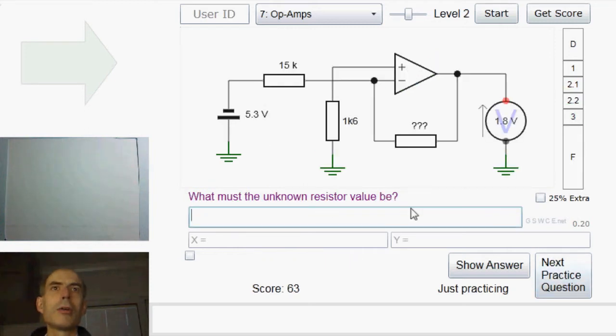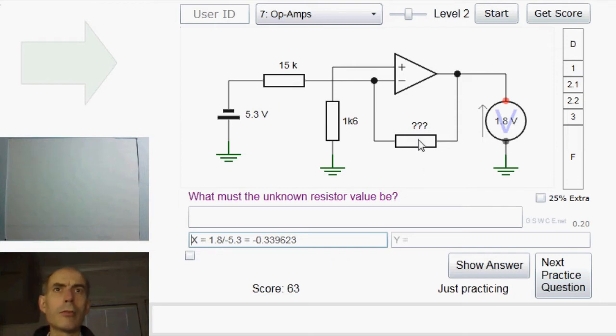Right, unknown resistor value. Here we have an inverting amplifier, and this, you'll notice, is upside down. The positive is the longer terminal, so the voltage here would be minus 5.3 volts, and the voltage at the output is 1.8. So the gain of this amplifier would be 1.8 divided by minus 5.3, or minus 0.339, etc. And that has to be equal to this resistor divided by that resistor times minus 1.